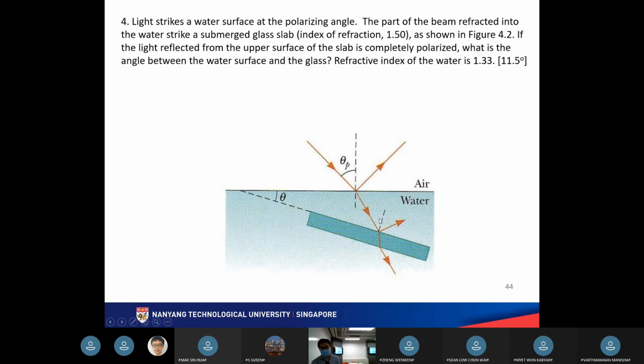So what angle should this be in order for the reflected light to be completely polarized? If I want my reflected light to be completely polarized, what should be my incident angle?